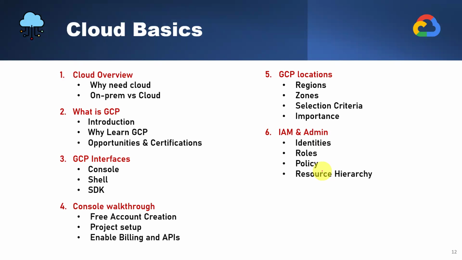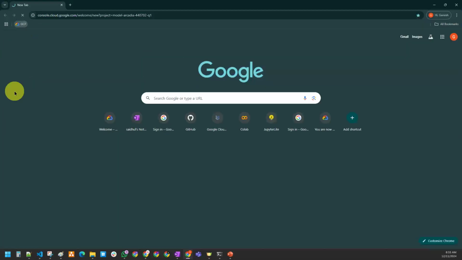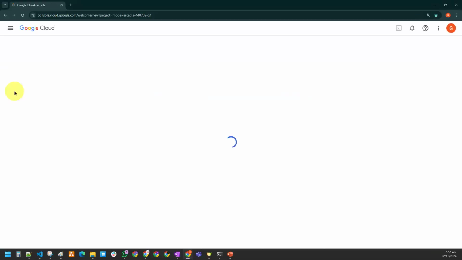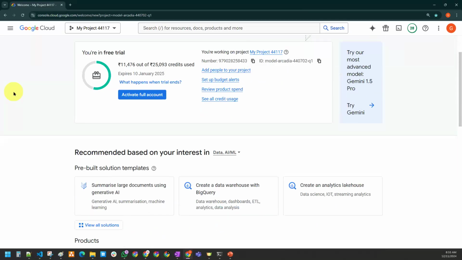Everyone must focus on the cloud basics. Let me show you the interface for GCP. To go to Google Cloud Platform, you go to console.cloud.google.com. This is how the interface looks. Here I'm using the free trial only, on one person's account.